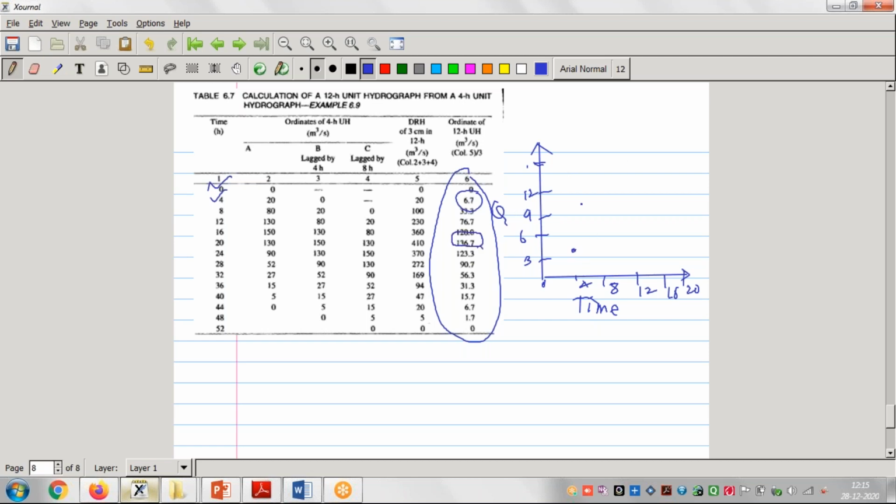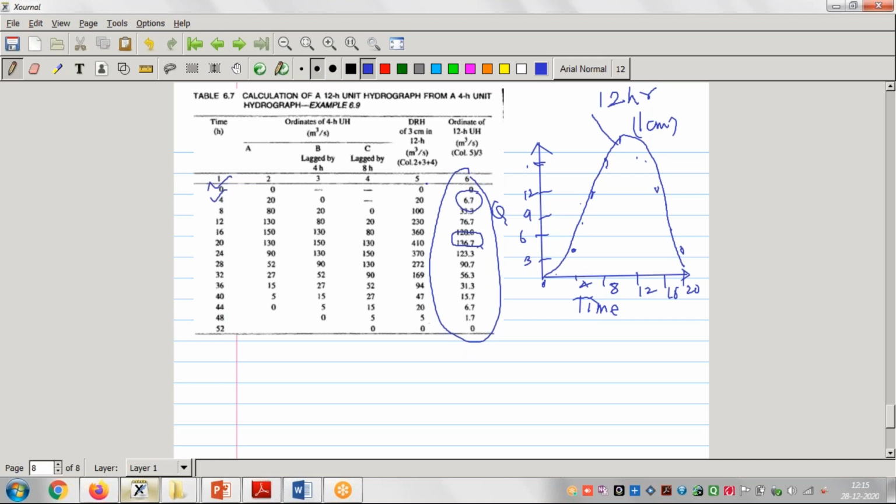Now, when I draw this, I will get some points like this, right? And when I join them, I will get this graph. So this graph will be of 12 hours, but for 1 centimeter.